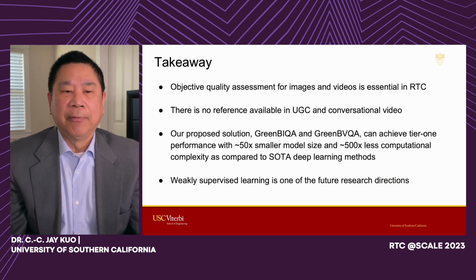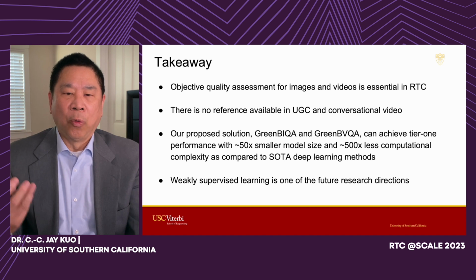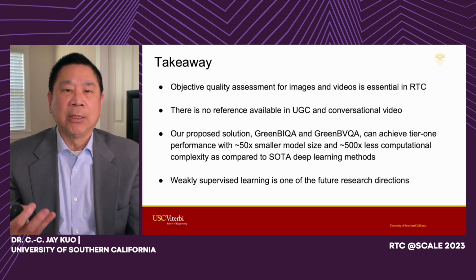So here I want to give a conclusion. The takeaway is that video quality assessment for user-generated content and also multi-party conversational video is still a hot topic. And here we show a real workable solution for this kind of real-time communication purpose. And of course, the challenge is that there is no reference, so you can only rely on machine learning techniques.